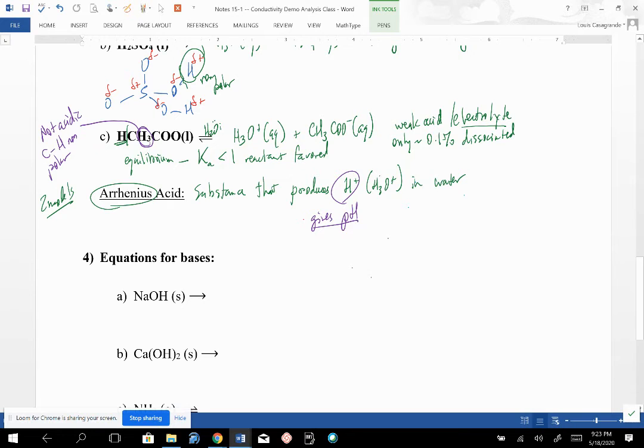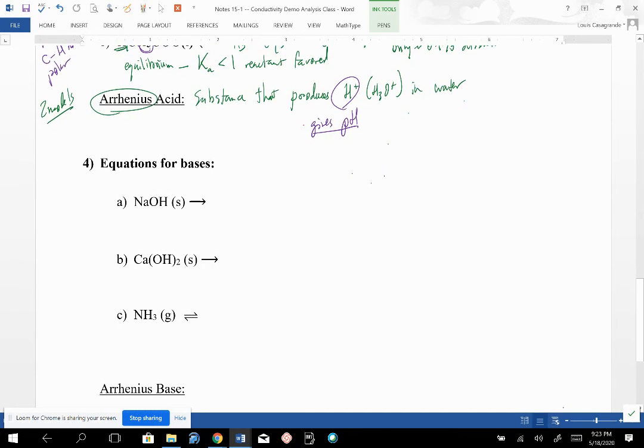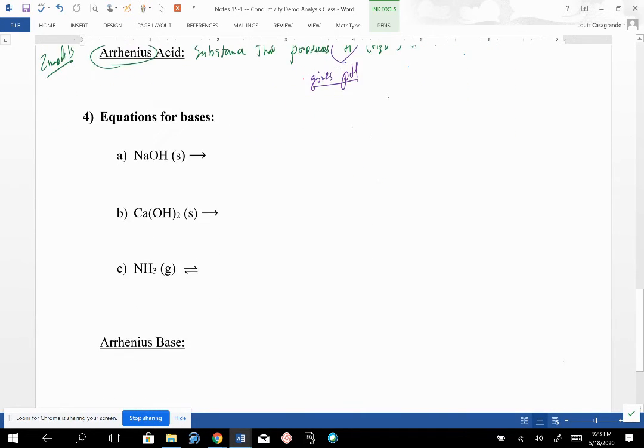So those are acids. Now, the last kind of compound we have to talk about is a base. And in a base, what we're going to notice is that bases generally have hydroxide. And they're this ionic compound that has hydroxide, but because they have hydroxide, they're not considered salts. As before, we're going to put some water there to dissolve it.